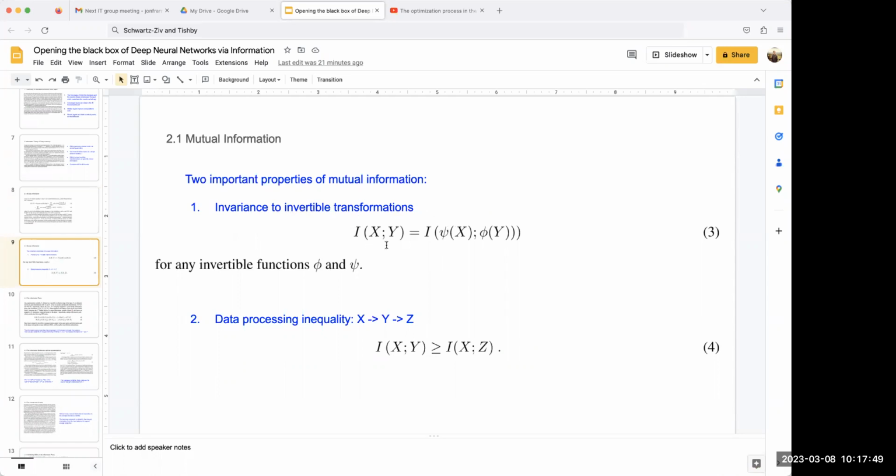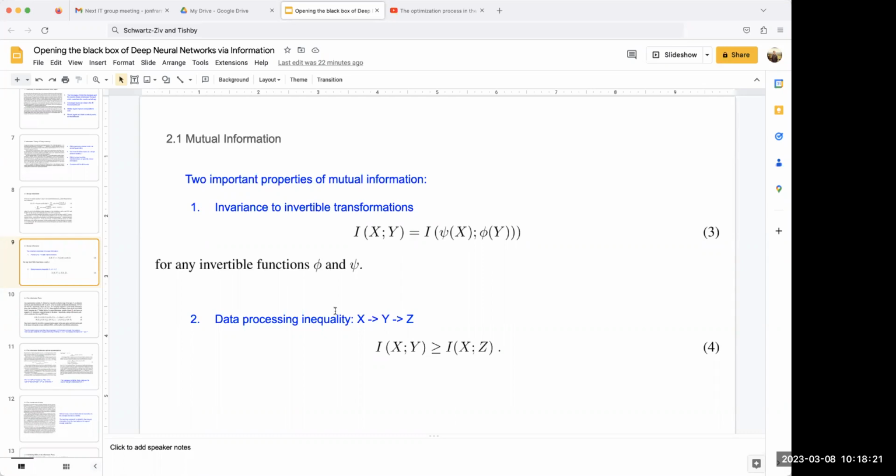So the mutual information between two sets x and y is going to be equal if you invert either or both of those sets x and y with any invertible function. Basically meaning that you can reorder or transform these data any way you want, and still get the value of information between the two sets.